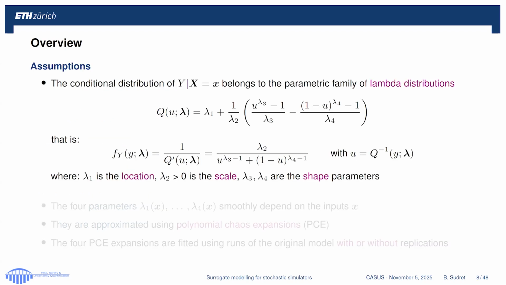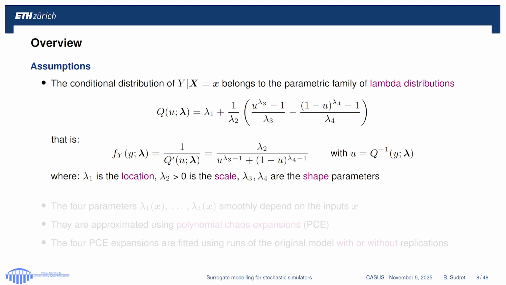The first idea we had was to represent this response conditional on x by a parametric family. Of course, if it was Gaussian, this is more or less what people call stochastic kriging or stochastic Gaussian processes. If indeed that distribution was Gaussian, it's quite easy to solve, because you basically need just to characterize the mean and the variance of that Gaussian distribution depending on x, and that's it.